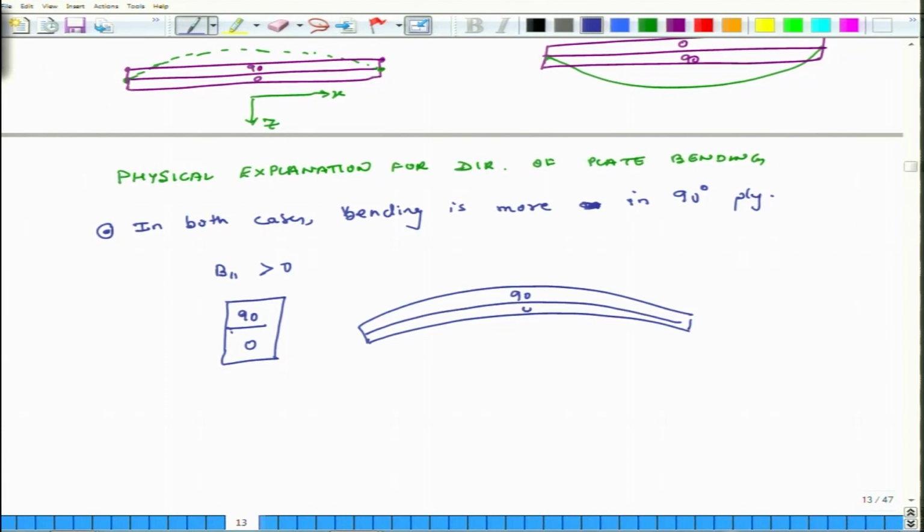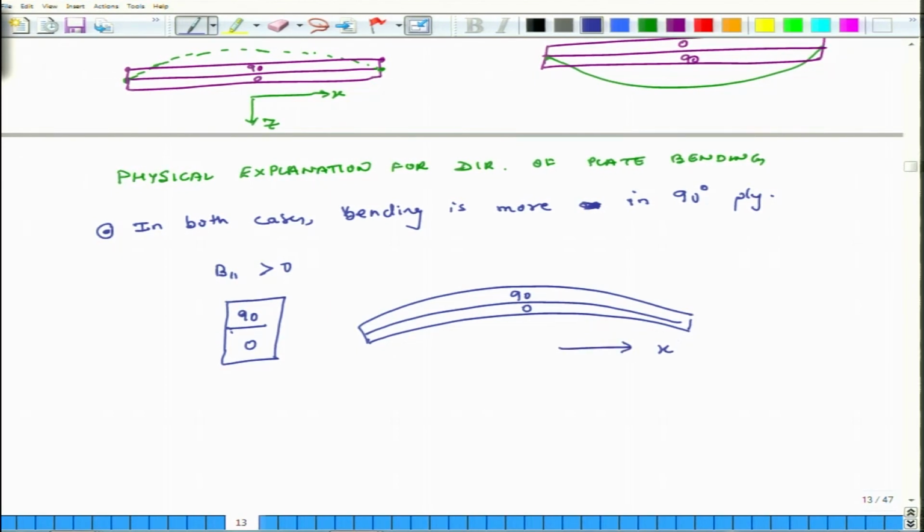So, 90 is on top and 0 is on the bottom, which means there is more stretching happening on the 90 degree ply, and less stretching happening in the 0 degree ply, and that makes sense because 0 degree ply is stiffer in the x direction.